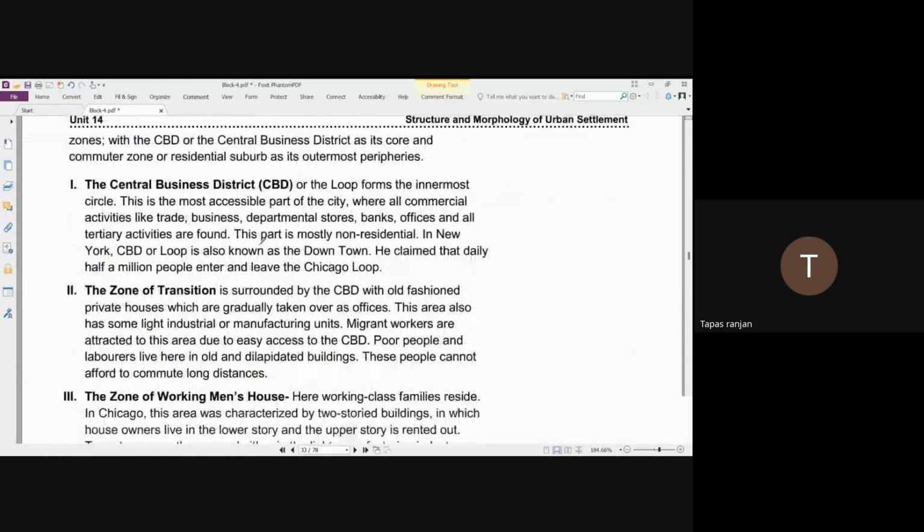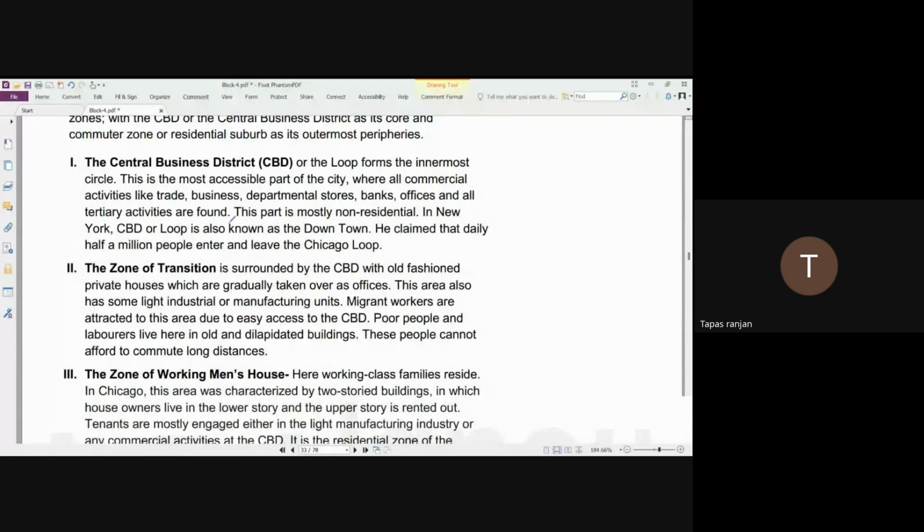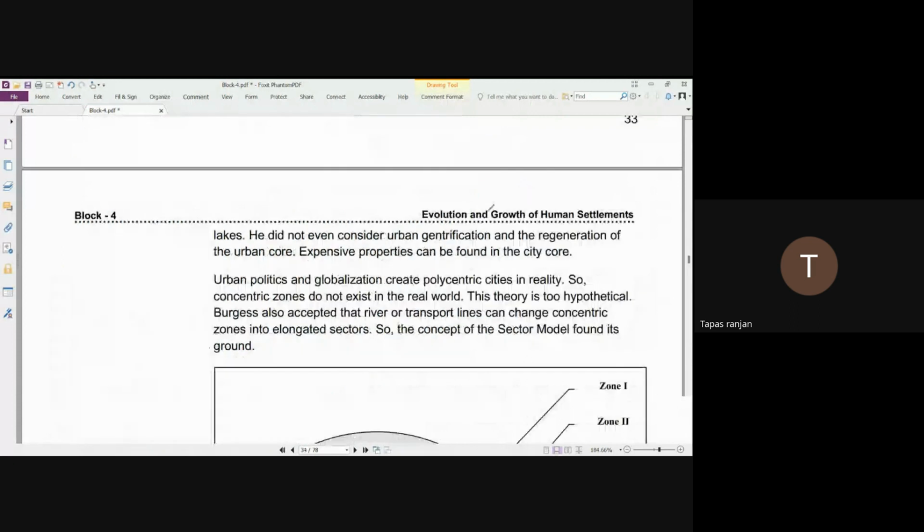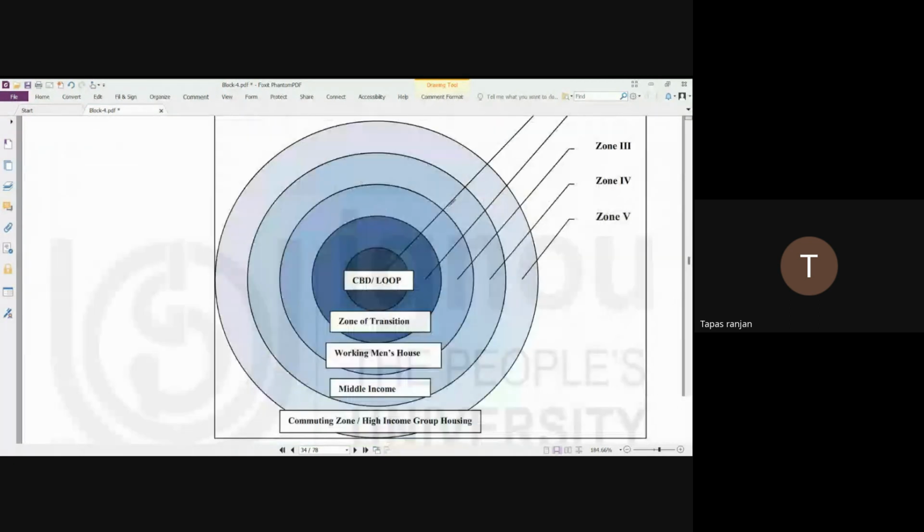So what are the different concentric zones? Concentric zones are what we have already discussed when we discussed rural morphology, and it's about different zones. If we look into any city area or urban place, it will have a CBD.